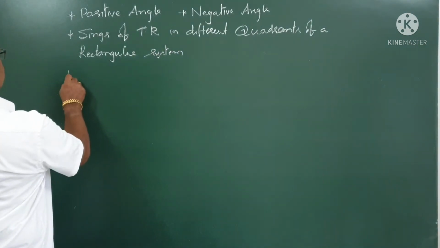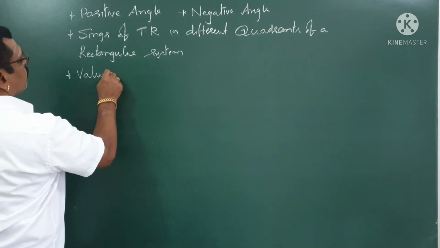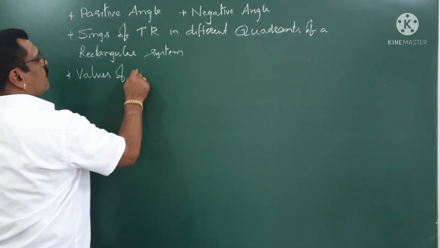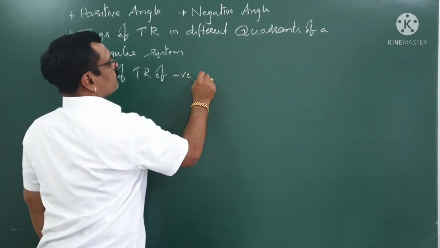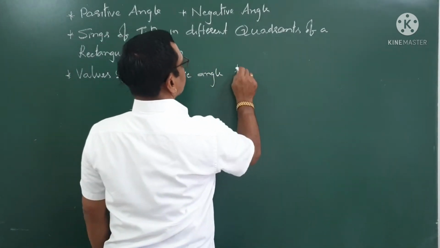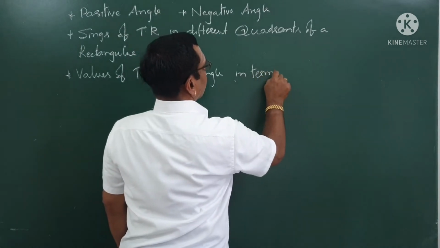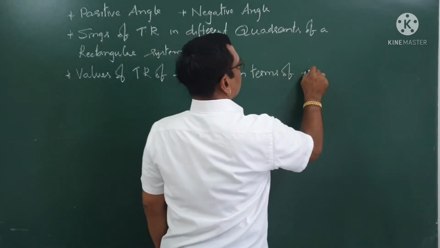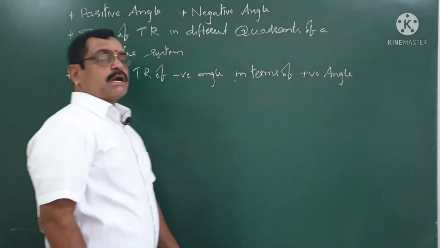The next one is the values of trigonometric ratios of negative angle in terms of positive angle. These are the concepts.